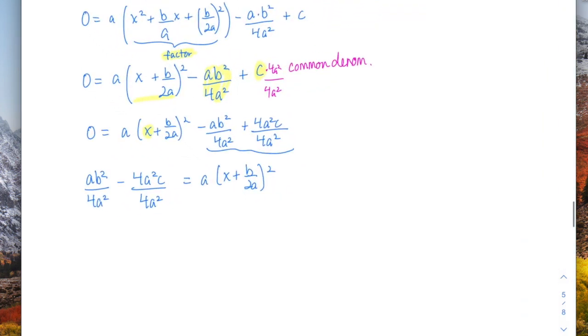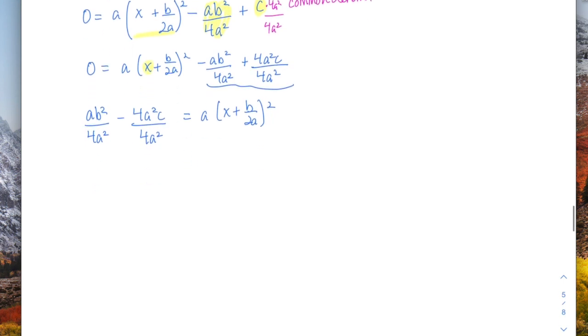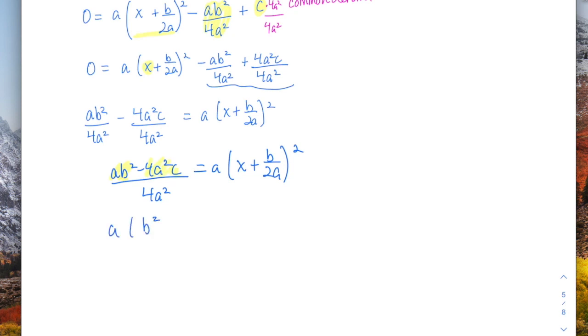Next, we put the left-hand side over the same denominator. Then I notice I can factor out an a from these two terms. We can see that these two values cancel out.